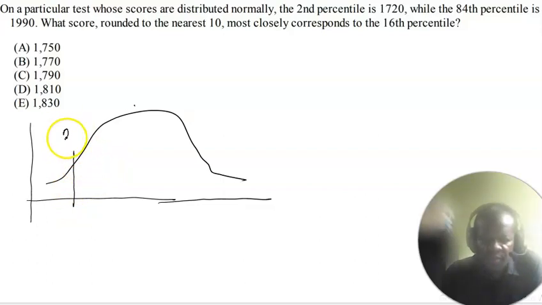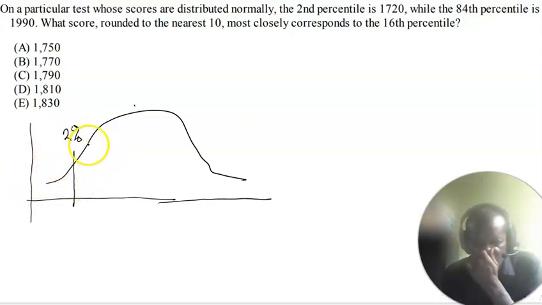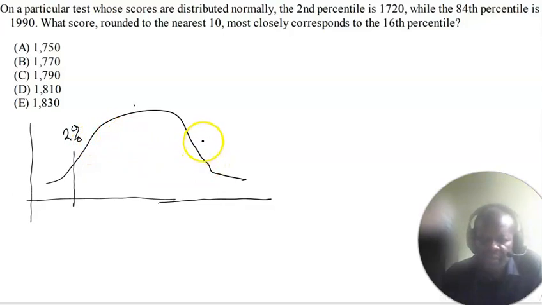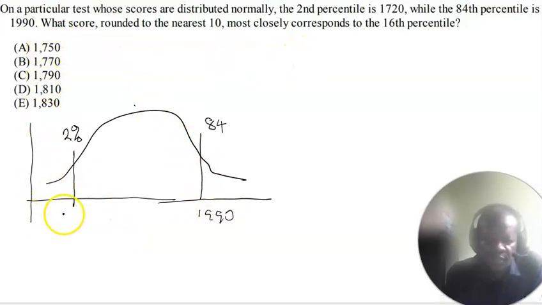Why the 84th percentile? 84% of the students have a score that is less than or equals to 1990. So we have 1990 here. This one is 1720.